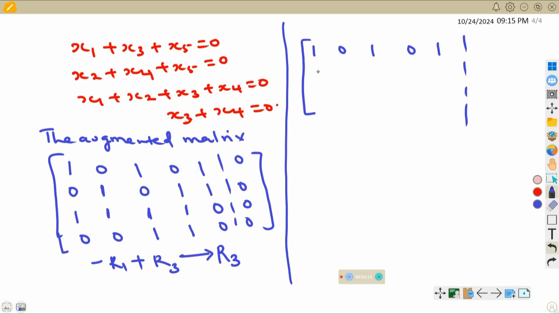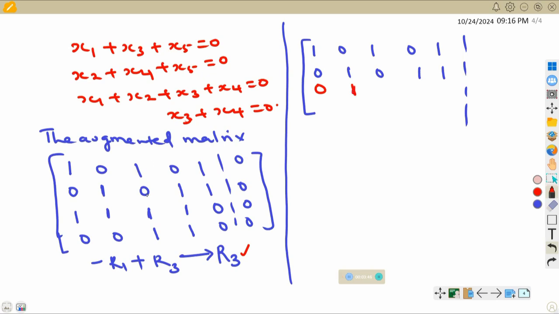We shall be able to maintain 0 1 0 1 1. We shall be able to maintain the last one. So let us first compute this. When we put this operation here, this will give us negative 1 plus 1, this will be 0. This is 0 plus 1, which will be 1.